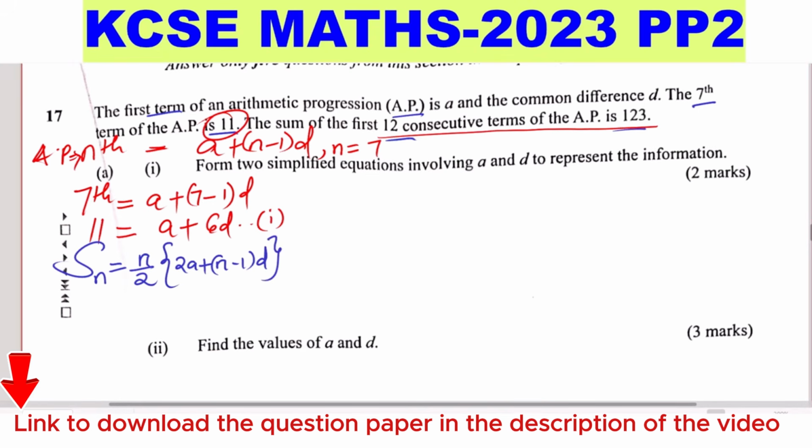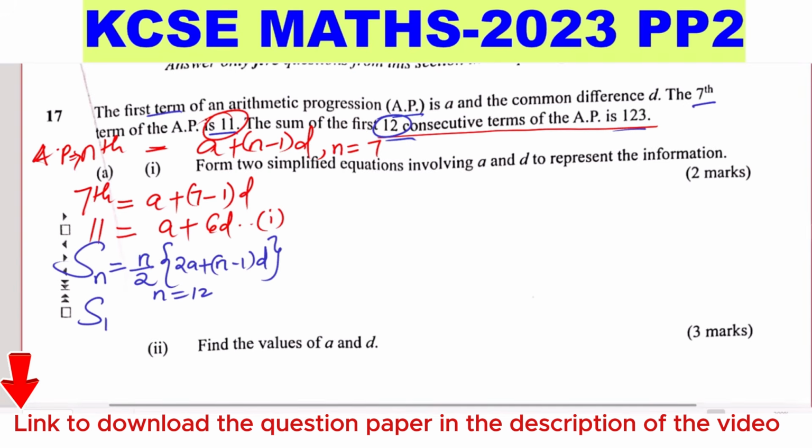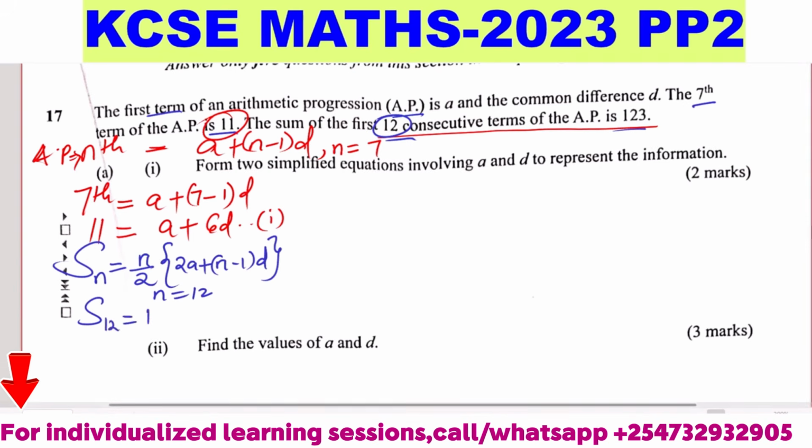Now here we have the sum of the first 12 terms, so n will be 12. And then Sn, the sum of the first 12 terms, will be given by 123.